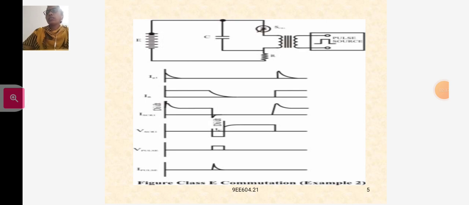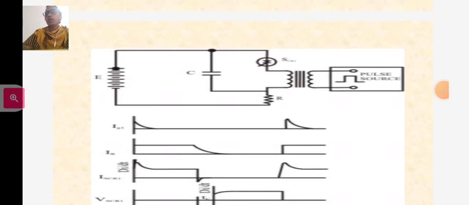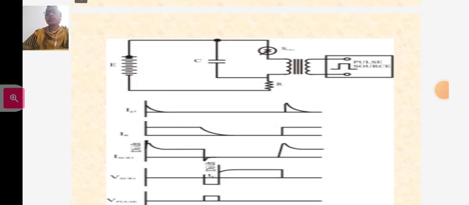Once the thyristor is triggered, current flows through the load resistance and the pulse transformer. Thyristor 1 means SCR1, the thyristor.